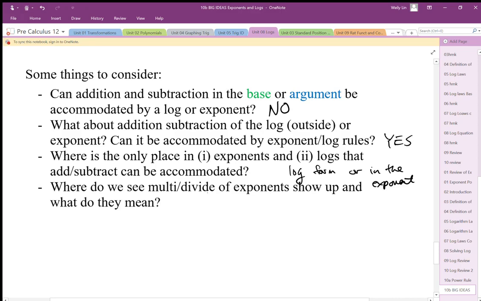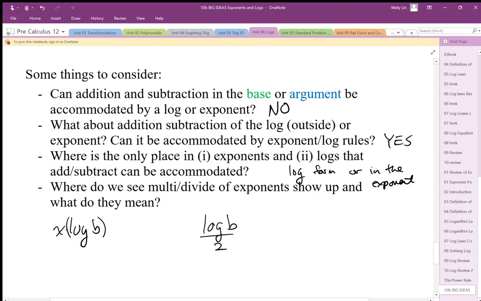And where do we see multiply and divide of exponents? What do they show up as and what do they mean? Well, we don't really want to think of divide, because we only see it in the change of base formula. But if we want to really understand this deeper, there is a multiply and divide. Multiplying is power to power. So if I have log x, that's an exponent, x times exponent log b. If I want to divide, if I have divided exponents, log b divided by 2, well, what does that really mean?